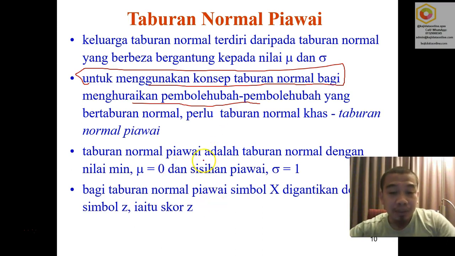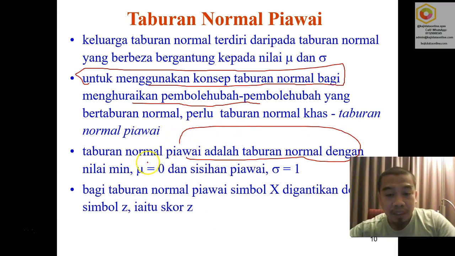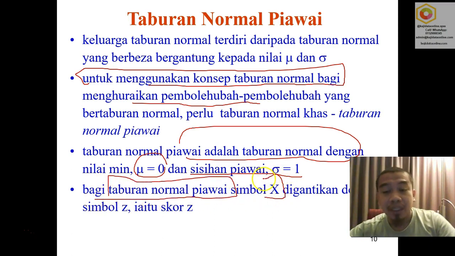So the standard normal tabulation has the idea that the mean is equal to 0 and the standard deviation is equal to 1. This standard normal tabulation is represented by the symbol z, which we also call a z-score.